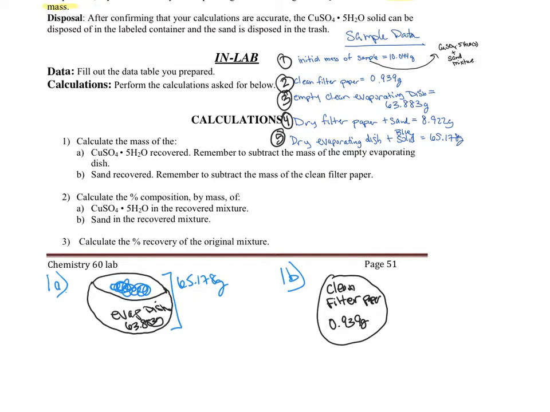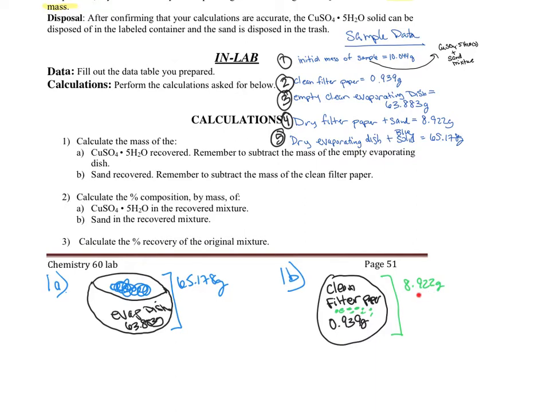And then what happens? We have the sand added to it. I'm going to have some green sand. So our green sand, it's not actually green, just in this drawing it is. So our filter paper plus the sand is 0.4, 8.922 grams. So if we want the mass of just the sand, what do we need to do?